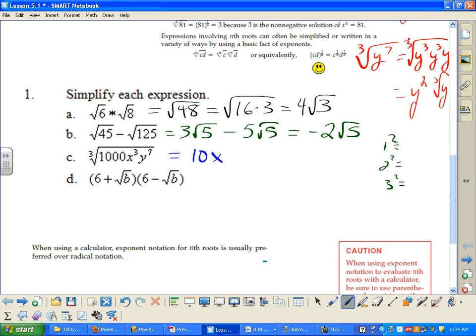And we worked with y to the 7th power already. So the cube root of y to the 7th, we did that up here. Okay. So we would have y squared, and then we would have the cube root of y left. Now, one of the things you might want to do is put that in parentheses so that you don't get the exponent from the y squared and the index for the cube root mixed up.